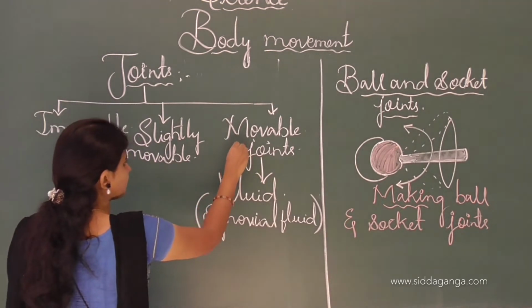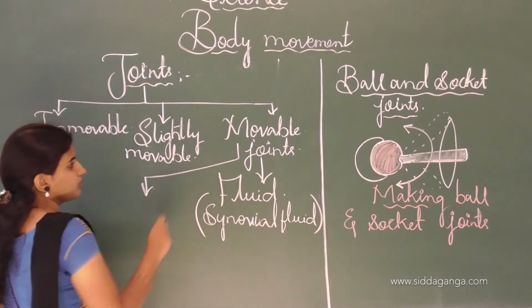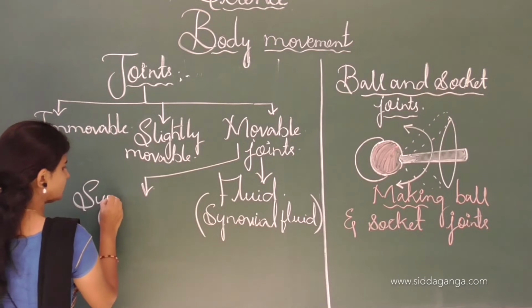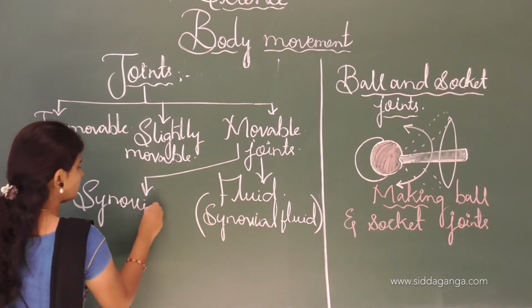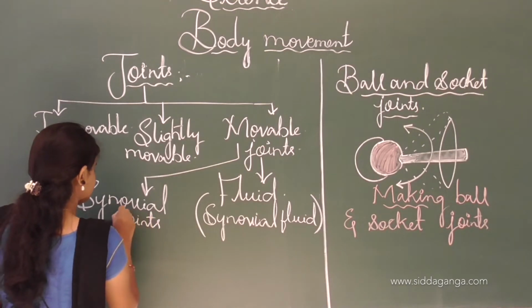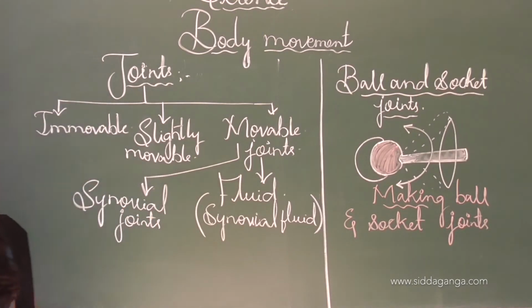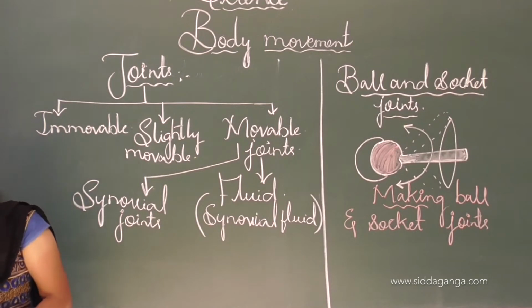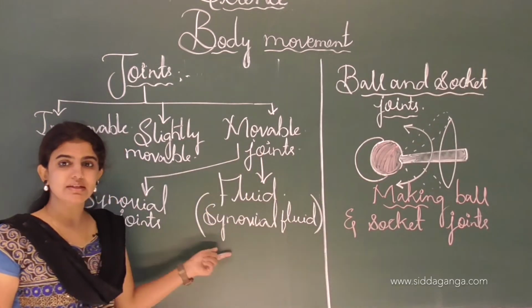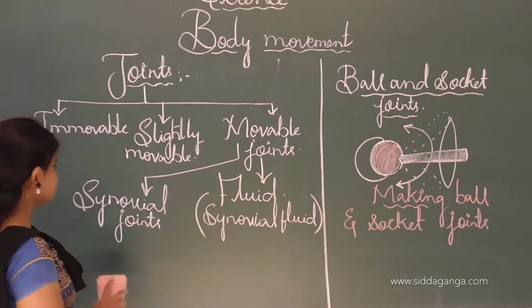These movable joints are of mainly three types, which we will discuss now.